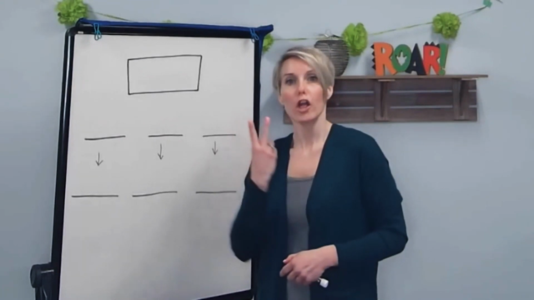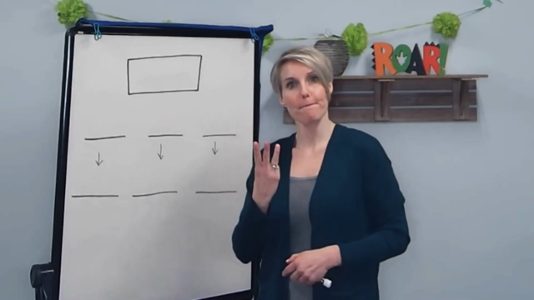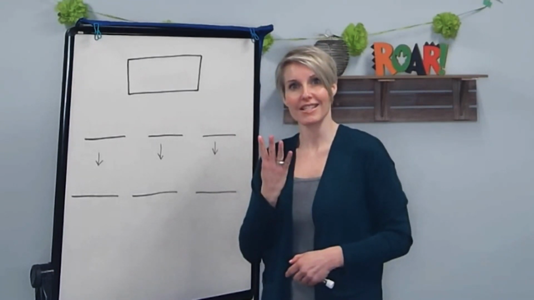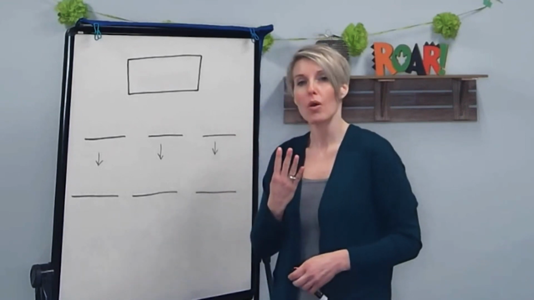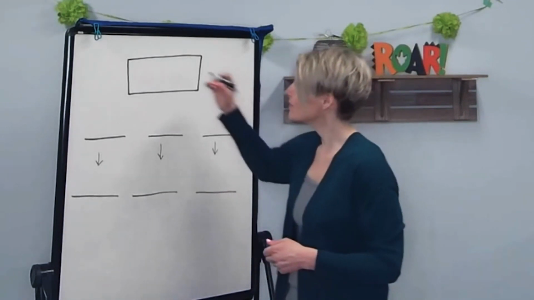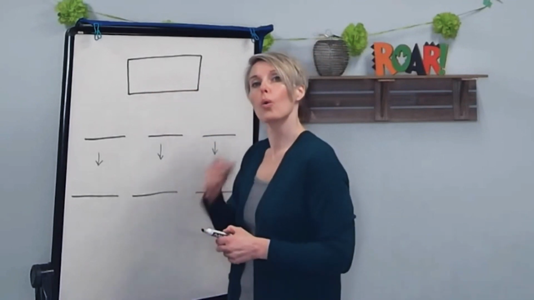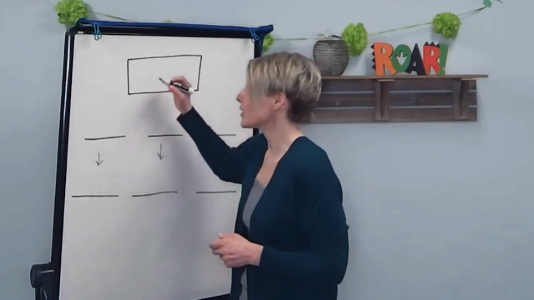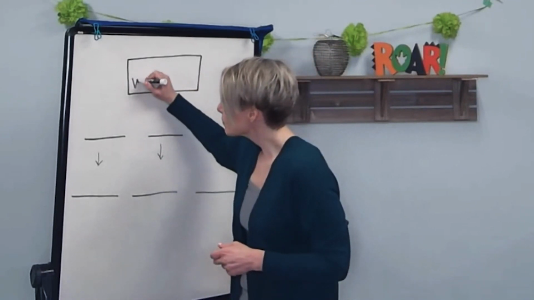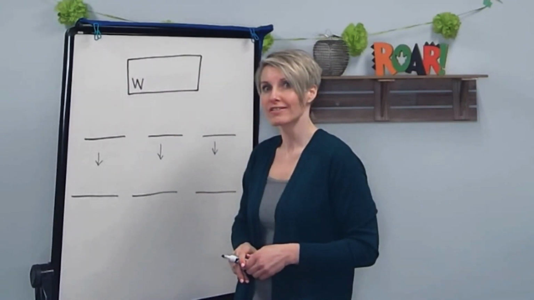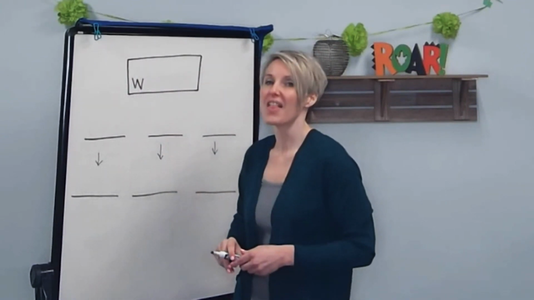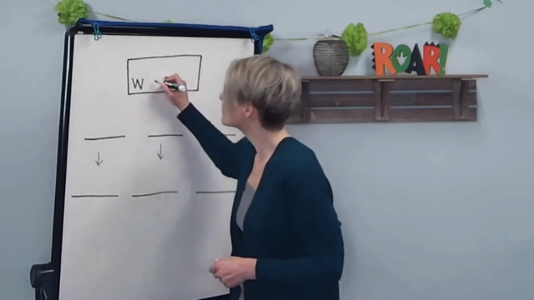Ooh, s. There are 4 sounds in the word worms. Watch me write it. The first sound was ooh, that's W. The next sound in the word worms, that's OR.